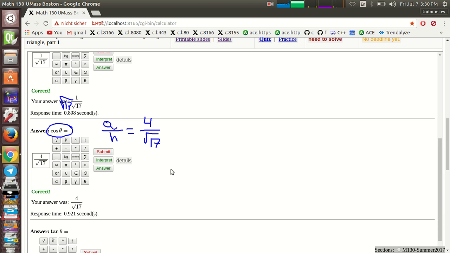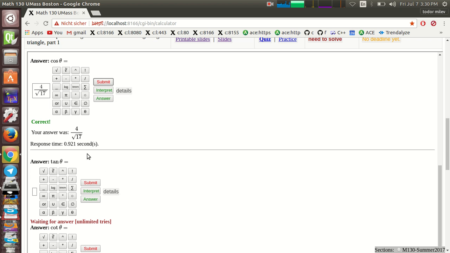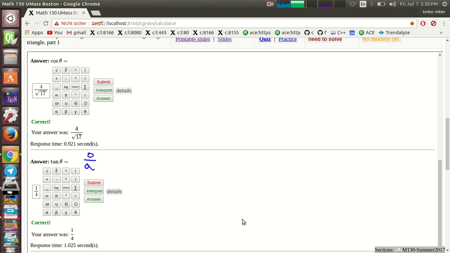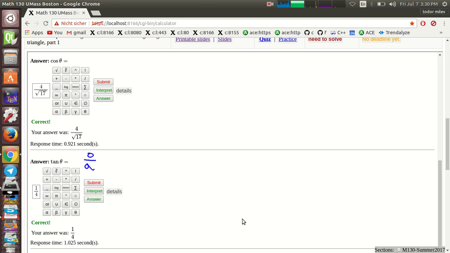Okay, worked like a charm. Now, tangent of theta, that is opposite over adjacent side. The opposite side had length 1 unit, the adjacent side has length 4 units, so that would be a quarter. Okay?